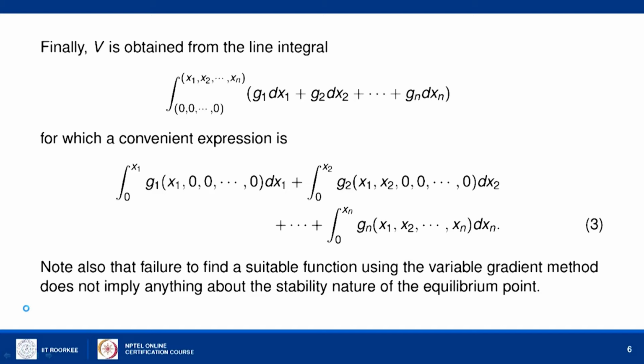Because g1 dx1 plus g2 dx2 etc. is nothing but dv by dt, if you integrate dv by dt with respect to t, we get the function v itself. So, we can just integrate the function which is given inside the bracket and we get the function v of x. A procedure is given in equation 3, we can follow this procedure.